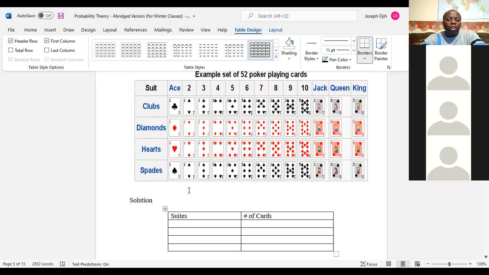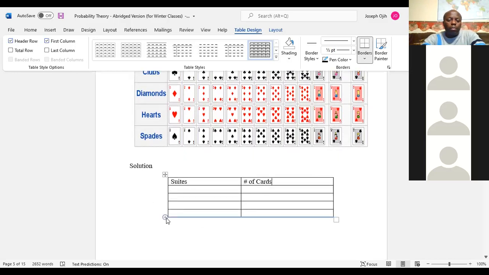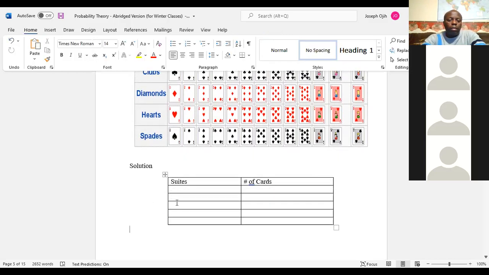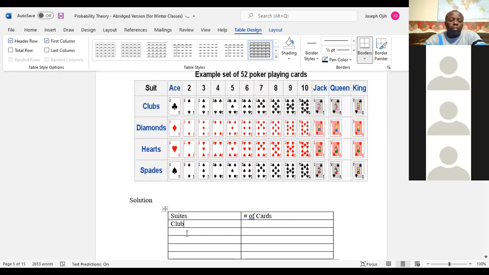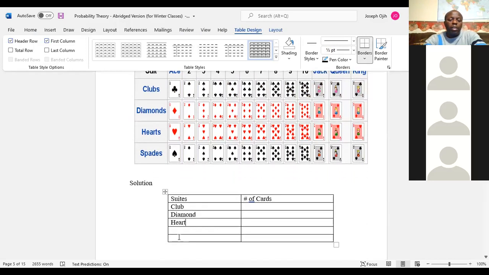So we have the suit club, diamond, heart, and spade. This is the total sample space.